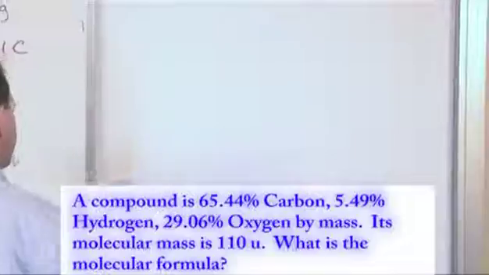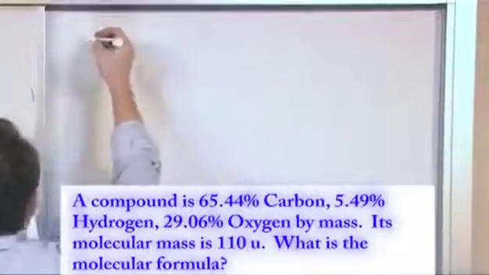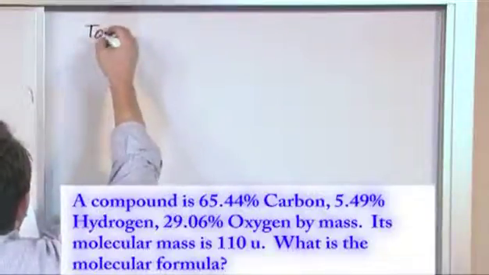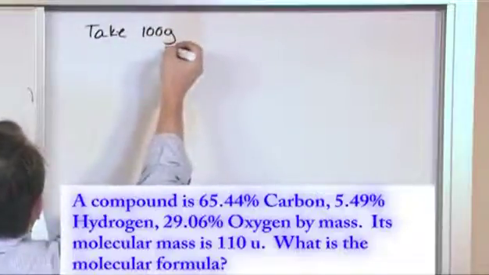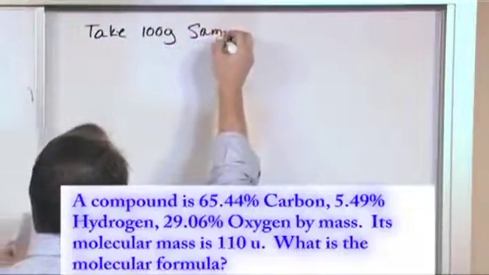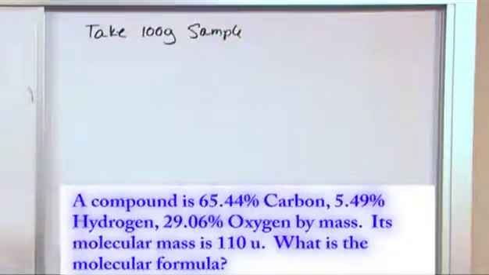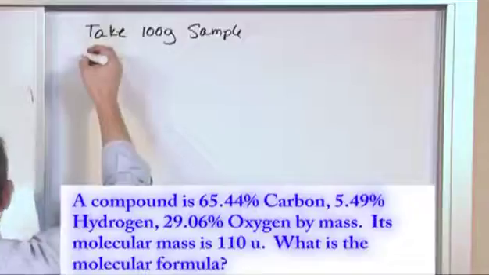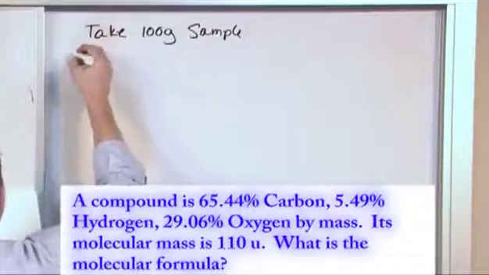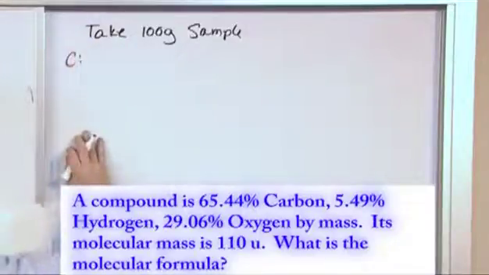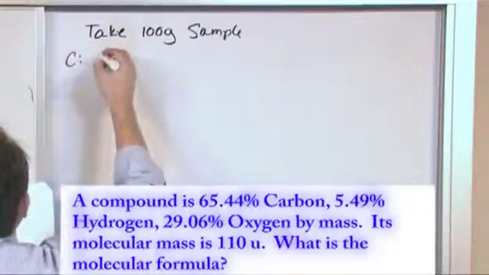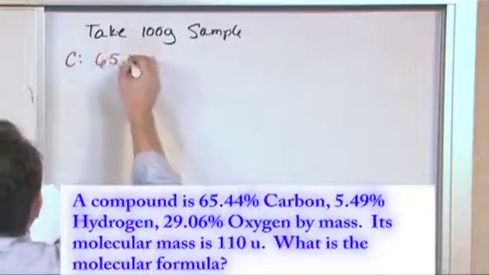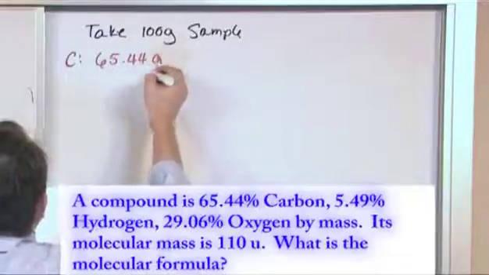So, again, we're going to find this empirical formula first. So take or assume a 100-gram sample of this stuff, just like we did last time. So what we're going to have for carbon, if I have 100 grams, the percentage was 65.44%. That means I'm going to have 65.44 grams of carbon.